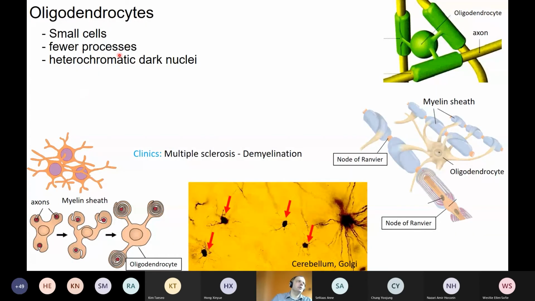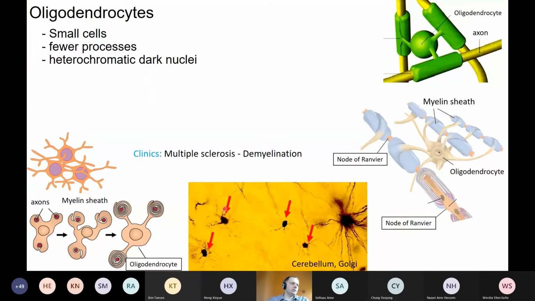So what to know about the oligodendrocytes first? Oligodendrocytes, as I mentioned, are smaller cells than the others I discussed until now. They have fewer processes than those. Importantly, if you stain them with hematoxylin eosin, they have a very basophilic, heterochromatic, almost black, very dark nucleus.